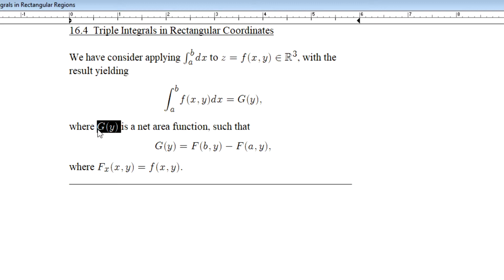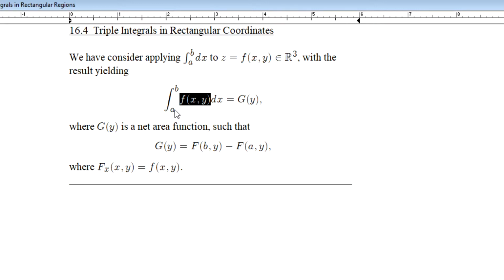And what we noted back at the beginning of double integrals is that g of y is itself what we call a net area function. It's a function that describes the net area trapped between the xy plane.